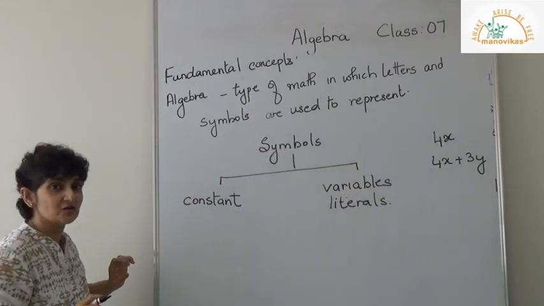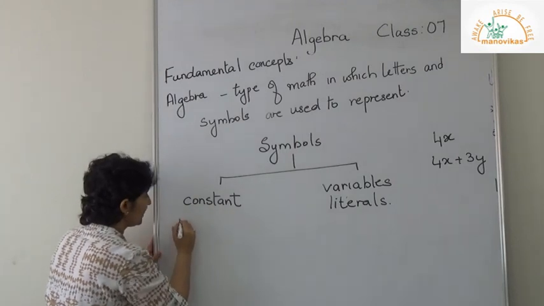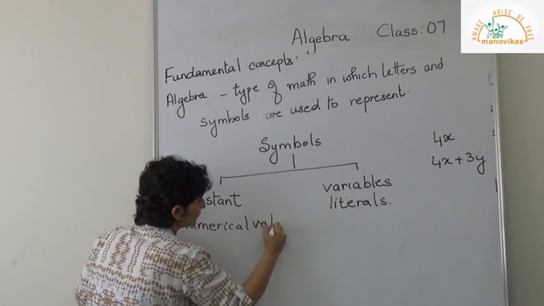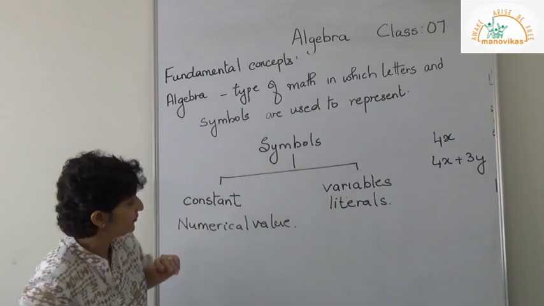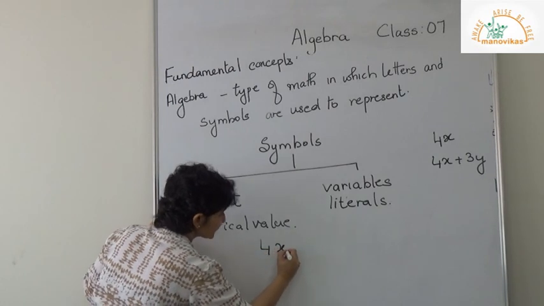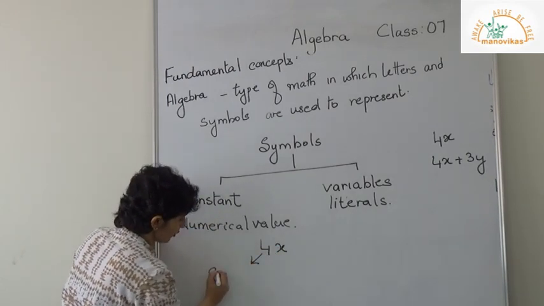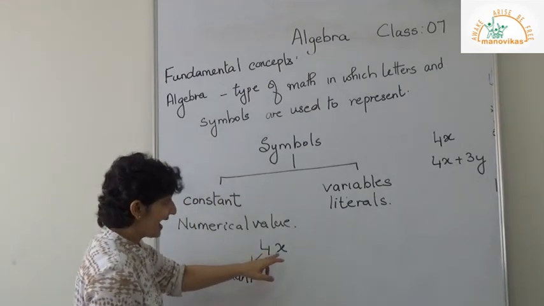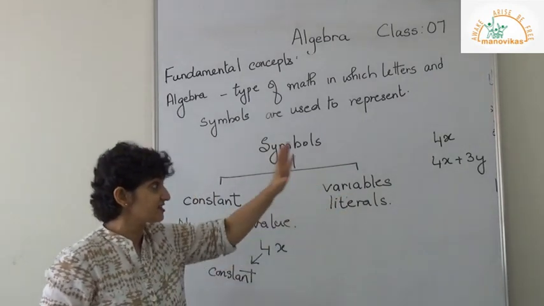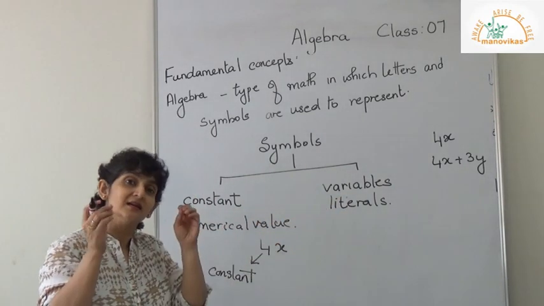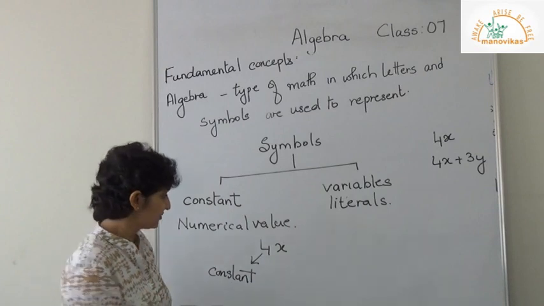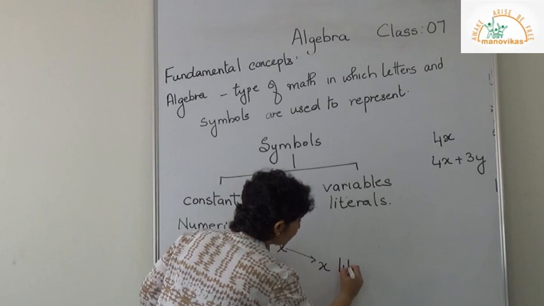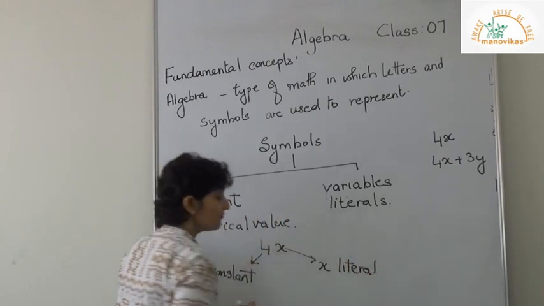Alright? Now, what is constant? Constant in algebra is the numerical value. For example, if we take 4x, 4 is your constant. It is the number value. And x, the letters in an expression are called as variables or literals. So for example, if I take the same 4x, x is the literal or the variable.